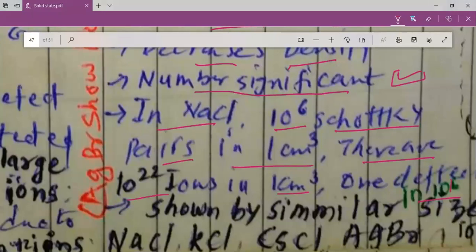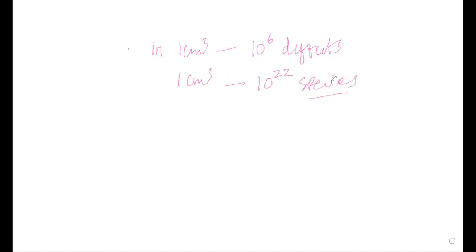Let me explain this to you once again: when it comes to the Schottky effect, in 1 centimeter cube we generally have 10 to the power 6 defects. Same way, in 1 centimeter cube we can arrange 10 to the power 22 species or ions, we can say.